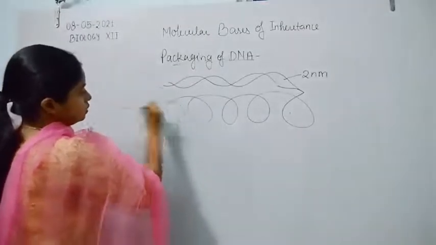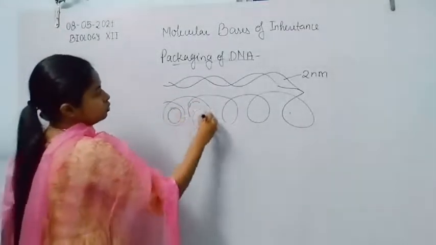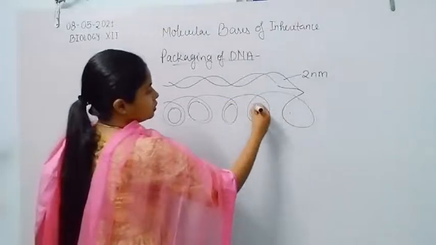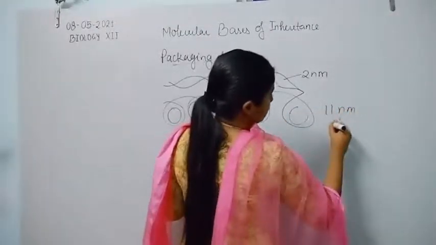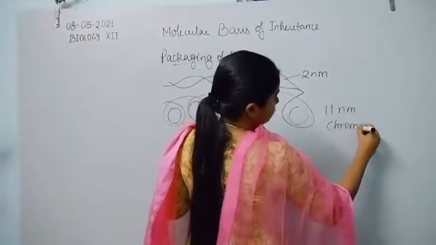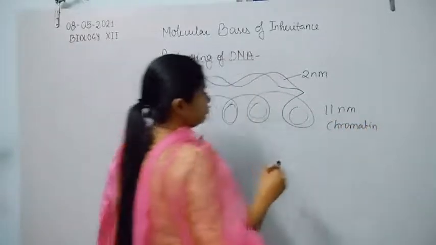Here they wrap around the nucleosome to form an 11 nanometer structure. Here is the chromatin fiber. This is the chromatin fiber.